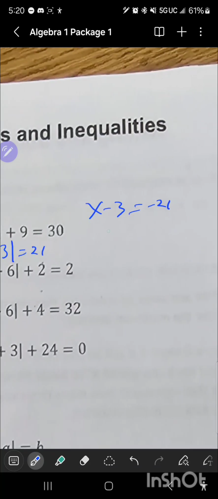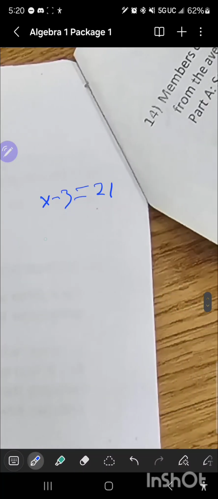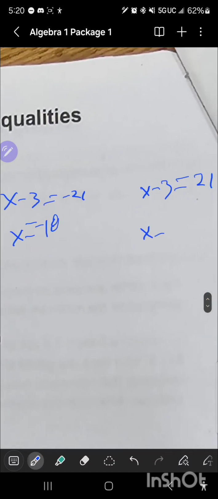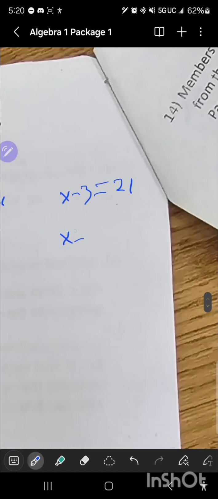Let's just solve it. We add 3 to both sides and we get x equals -15. And here we add 3 to both sides, so we get x equals 24. And that's the result.